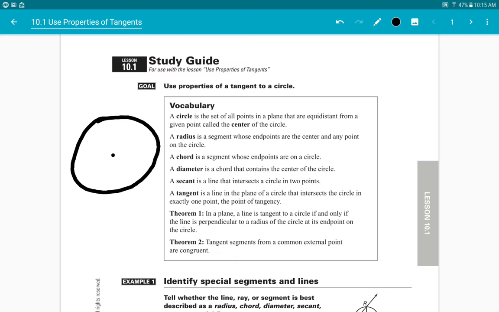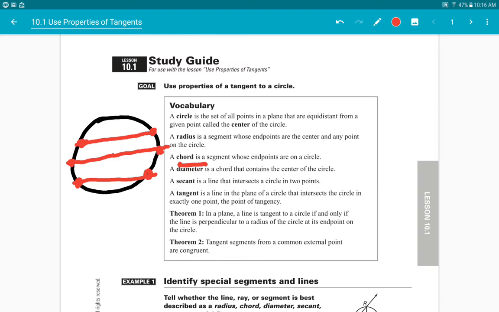Chord is the most simplified version of a segment. Its basic definition is a segment whose endpoints are on a circle. So it has to be a segment, and the endpoints need to be on the circle. There are different ways we can draw this. Here's an endpoint, here's an endpoint, that's a chord. Here's an endpoint, here's an endpoint, that's also a chord. Here's an endpoint, here's an endpoint, that's a chord. So there are so many different ways of drawing a chord.